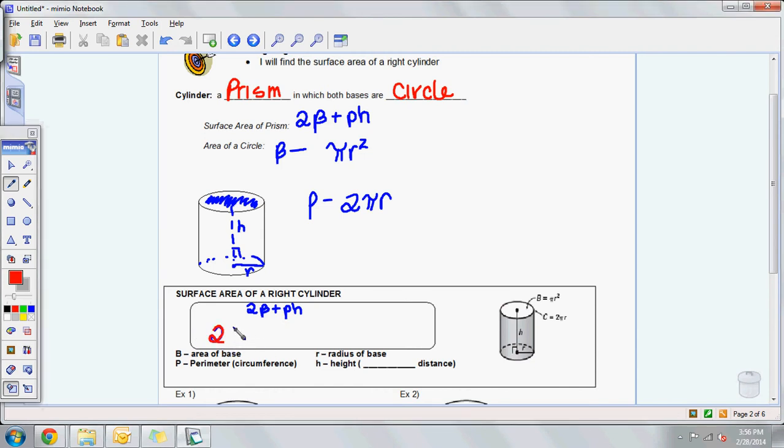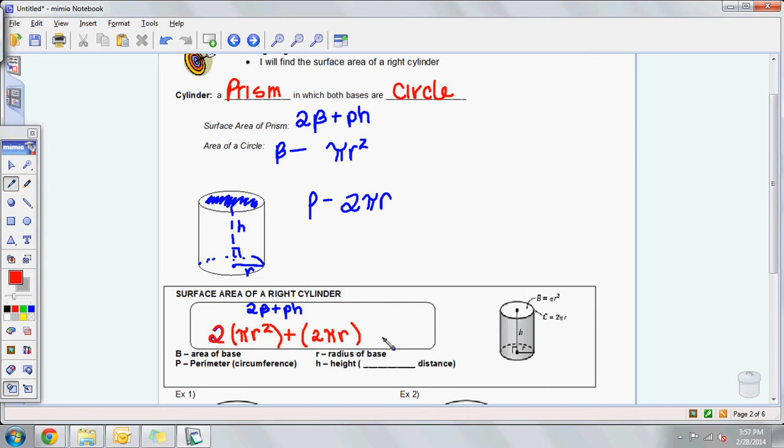Now the base area, which we talked about up here, the area of a circle is going to be pi r squared. So for the big B, I'm going to do pi r squared. Okay. Plus the perimeter. So the perimeter of a circle is going to be 2 pi r.